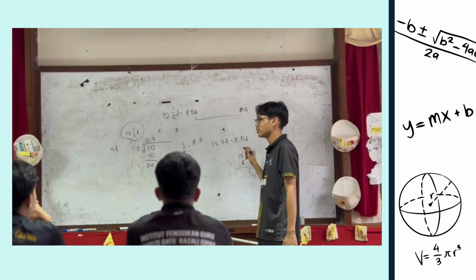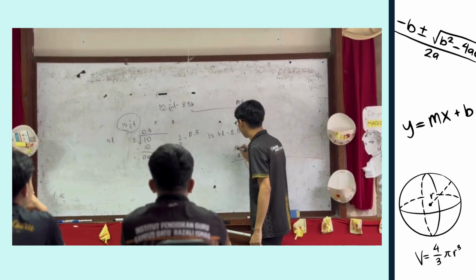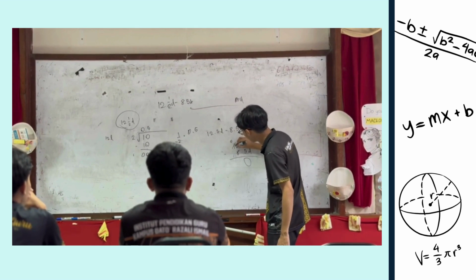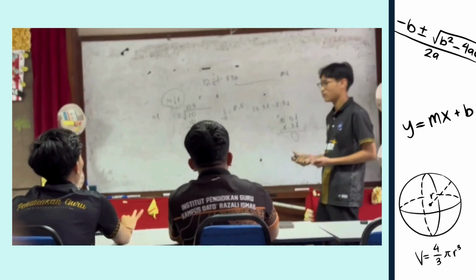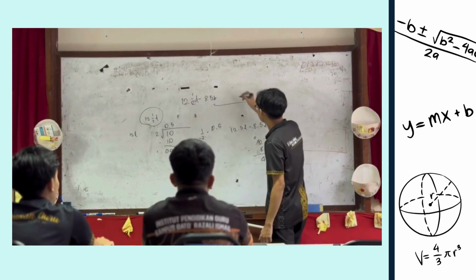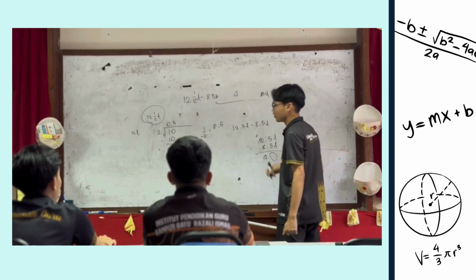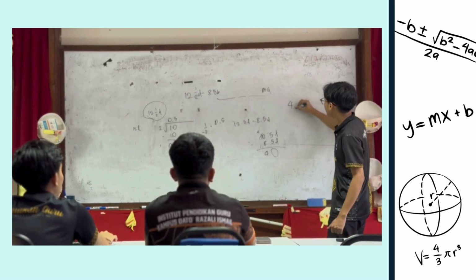No, so we make a loan. 12 minus 8, how much? 4. Good. So the answer is 4 liter. You can answer 4 liter.